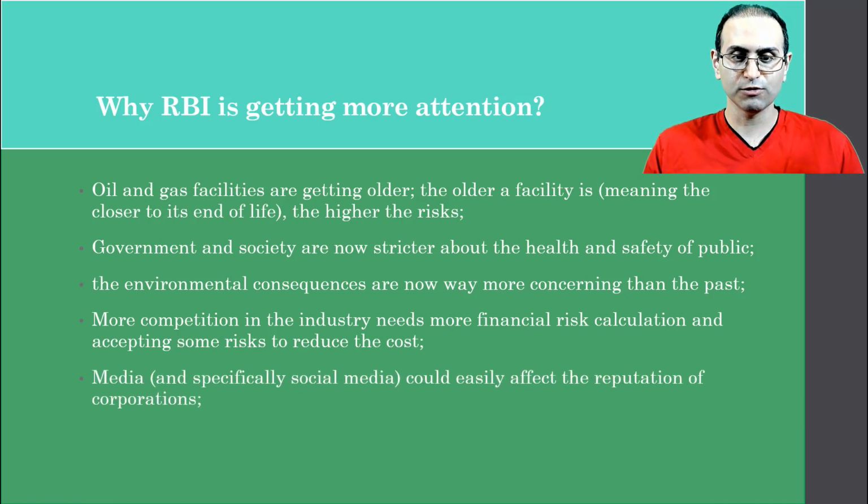Media, and specifically social media, can easily affect the reputation of corporations. Keep in mind that most corporations have stock on the market, and if anything happens and it is covered by social media and everybody talks about it, in a couple of hours the stock of that company goes down significantly, and it can affect everything in that company, especially financially. So it is important for those companies to have a good reputation and to avoid any type of failure.